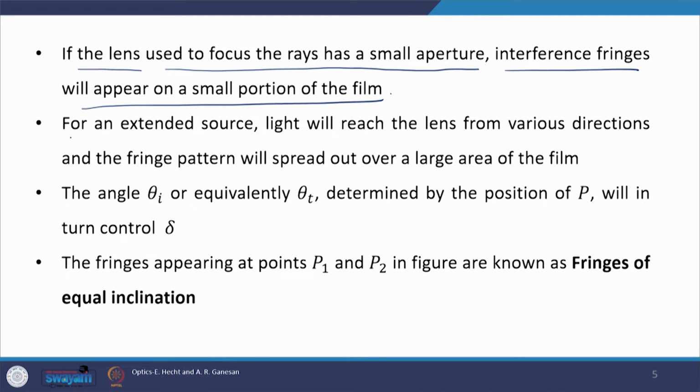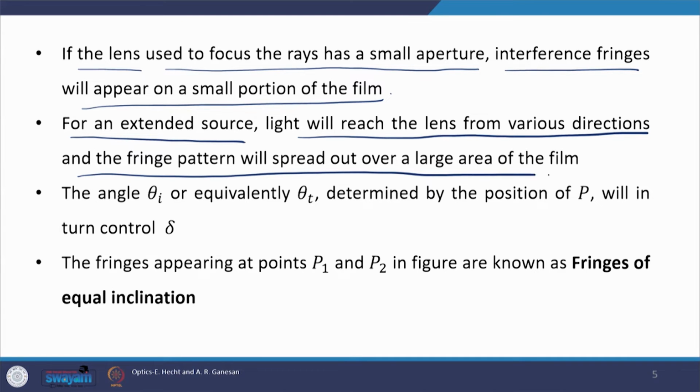For an extended source, light will reach the lens from various directions as shown in the previous figure, and the fringe pattern will spread out over a large area of the film. For the point source, there was a small area where the fringes were visible. Now, for an extended source, rays will fall on the film from different directions, and then the fringes will also be spread out, and therefore, they will appear on a large area of the film.